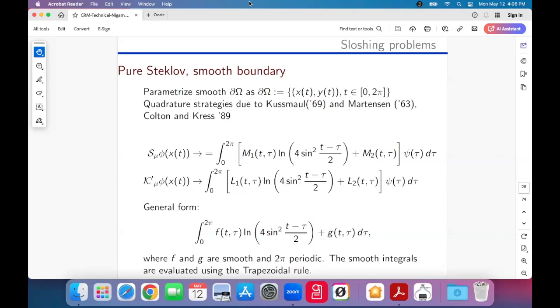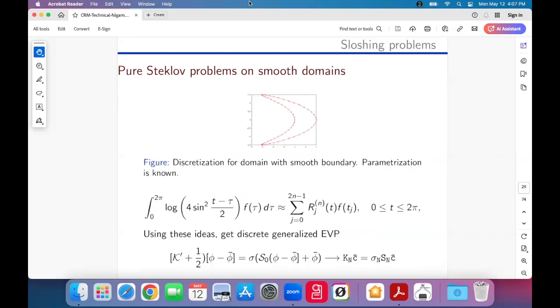You've got a function that's smooth and periodic, use the trapezoidal rule. For the guys that are logarithmically singular, there's a very well-known quadrature. The weights and nodes are written down. There's nothing to do here. Okay? So you put this all together, and your generalized eigenvalue problem gets turned into a discrete eigenvalue problem, and you just solve it.